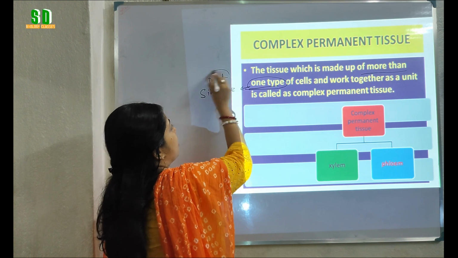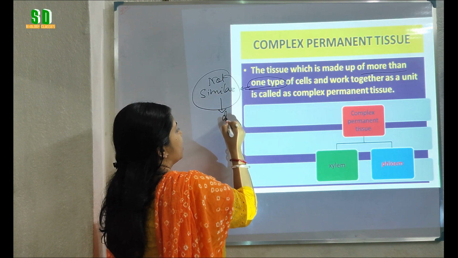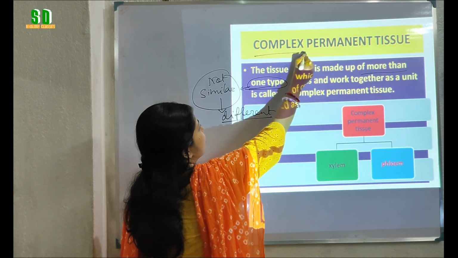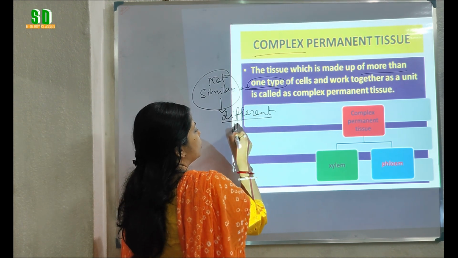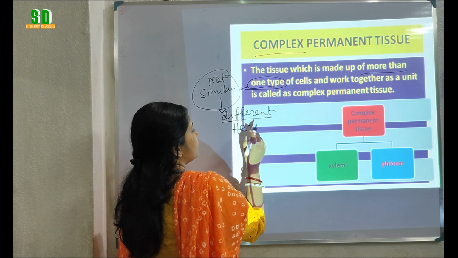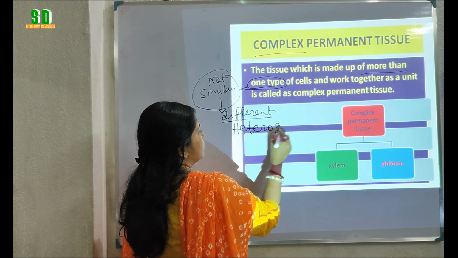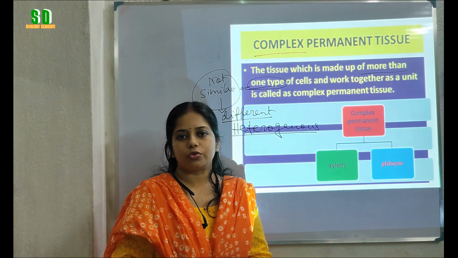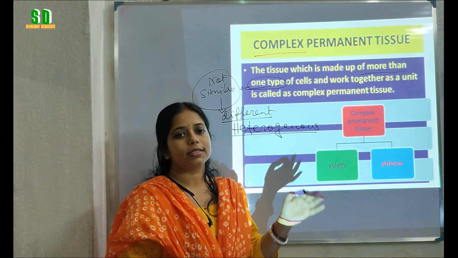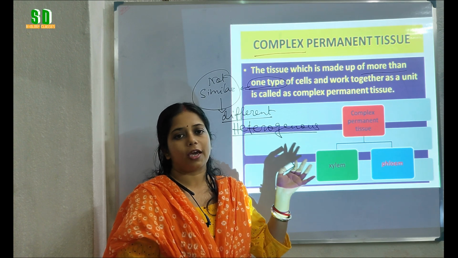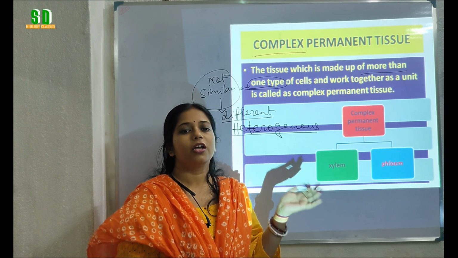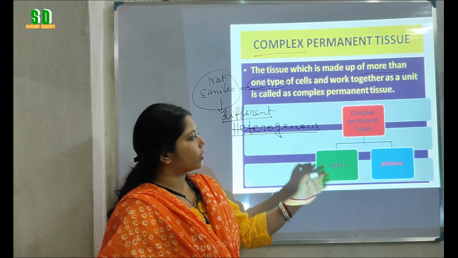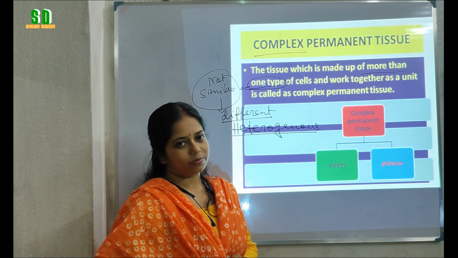Now, as all the cells are of different type, the complex permanent tissues are also called heterogeneous tissue, as they are made up of more than one type of cells which are of different types.